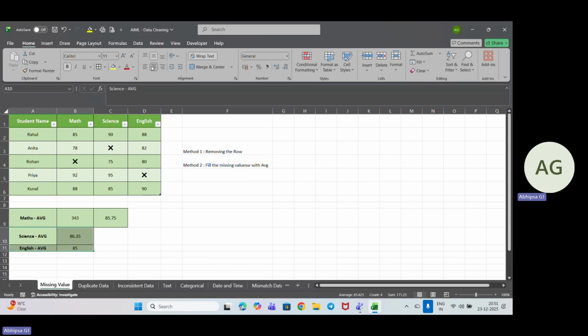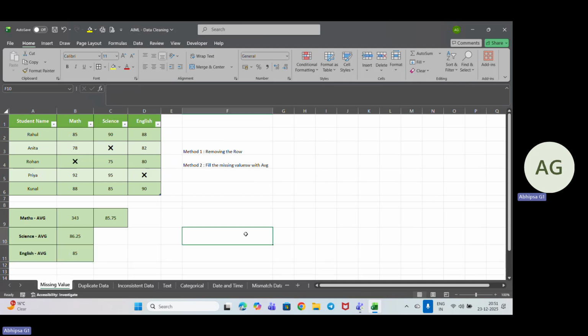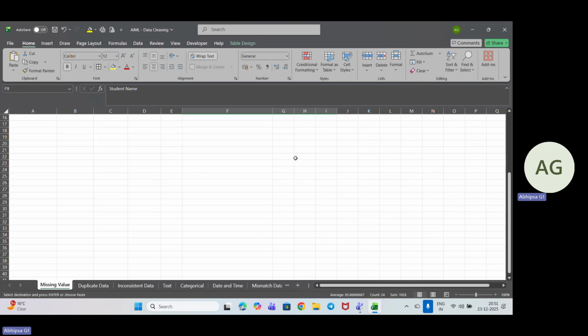So this is how we have taken it. So we have got all of these average marks, this and this, right? Now what we can do is fill it using Control C and Control V like that.